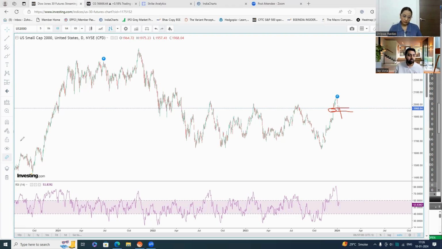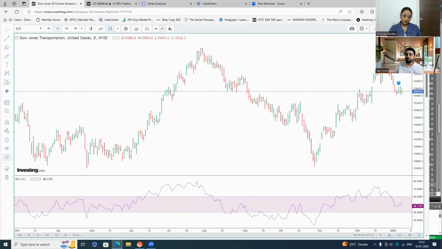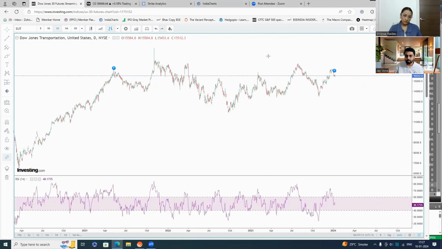Now, this is one. Then the other one is the Dow Jones Transportation Index. Over here as well, if you see, there has been a massive divergence. Typically, people who follow Dow theory say that the Dow Jones Industrial and the Dow Jones Transportation should go hand in hand. If that doesn't happen, then there is some trouble in the market.